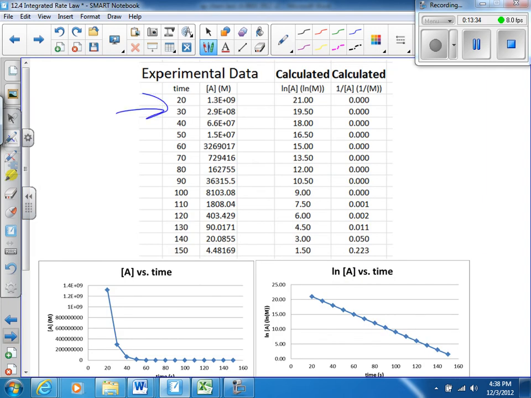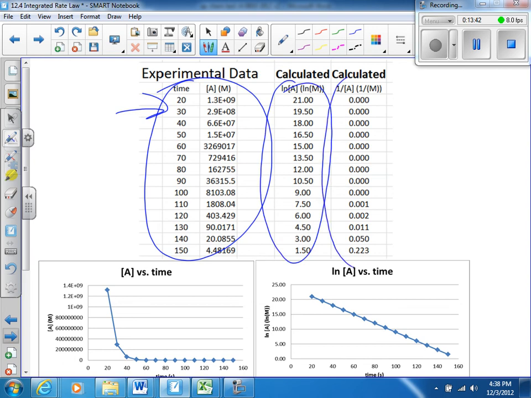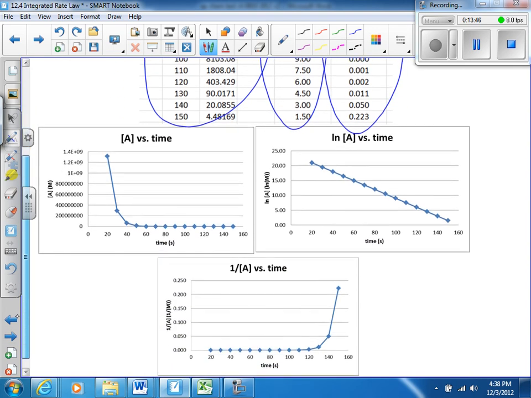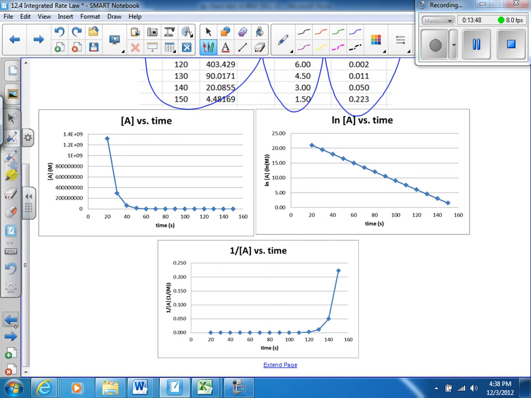All right, last one. Again, new experimental data. Somebody runs an experiment. You take their data, you calculate the log of all the concentrations, you calculate 1 over all the concentrations, you plot your data, and you see which graph gave me a straight line. Well, hopefully you can all see this is a straight line.